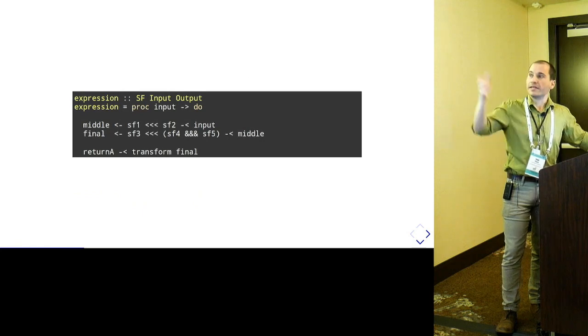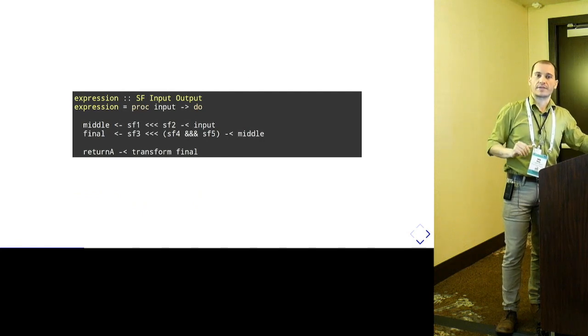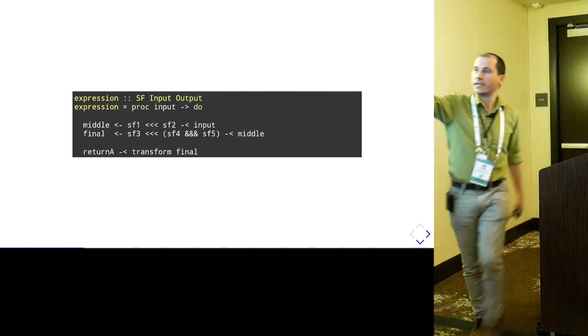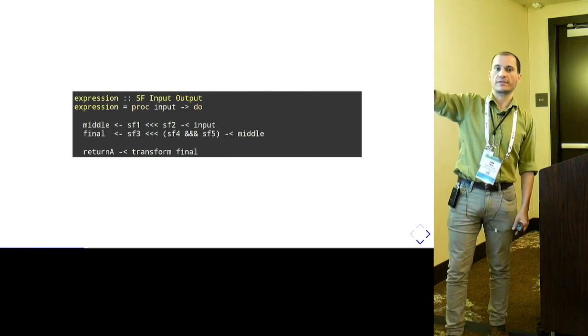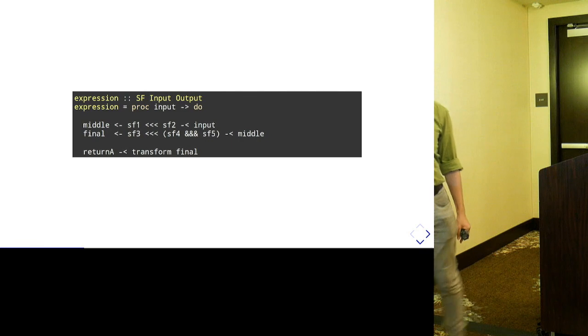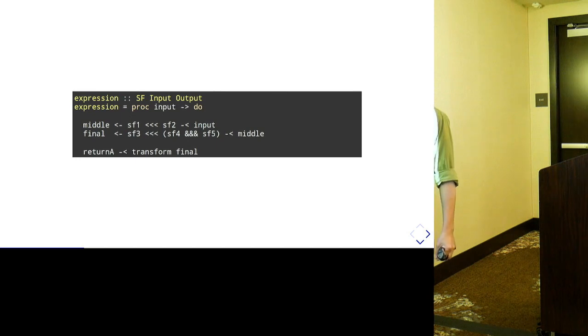So the way that it looks in code is like this, right? You have a signal function, and instead of writing them from left to right, you write them from right to left. So this is the input of the signal function. You pass it to the signal function, you pipe it to another, and the output you call middle, for example. So this is just the way that you're calling the output of this transformation. And then you put middle here, and you apply these two in parallel, and you pass it to that one, and the output you call final.